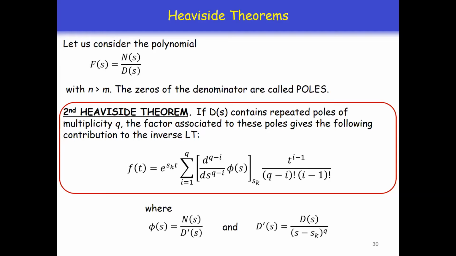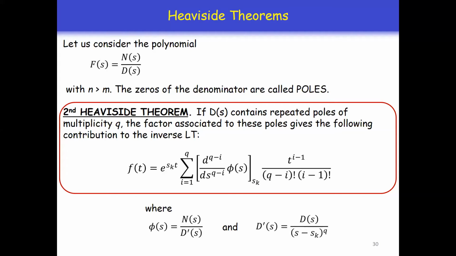And then there is that very unpleasant, but just apparently unpleasant summation, which goes from 1 to q, where q is the multiplicity. So if you have a root that is repeated 3 times, q will be equal to 3. And we will see an example.